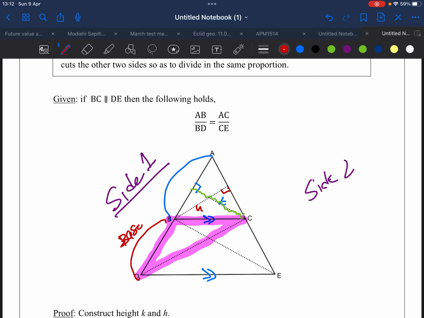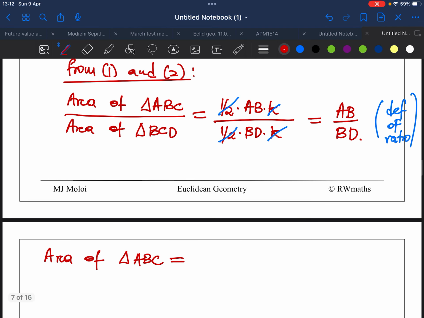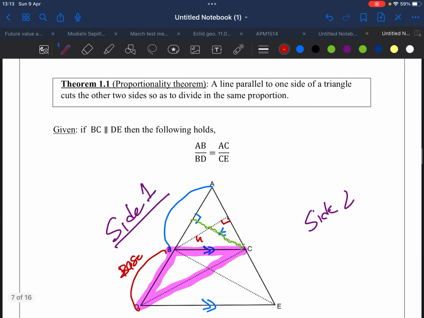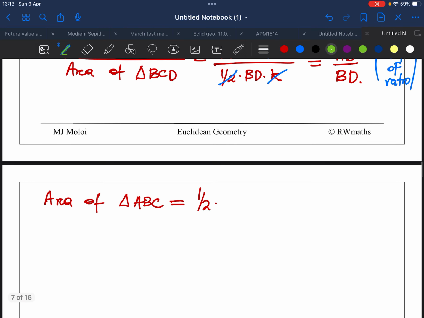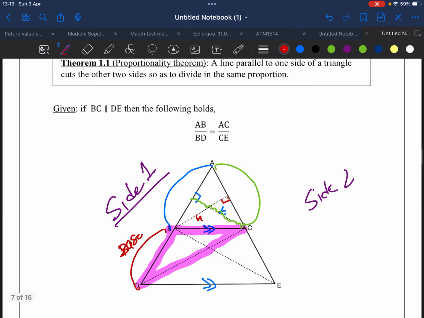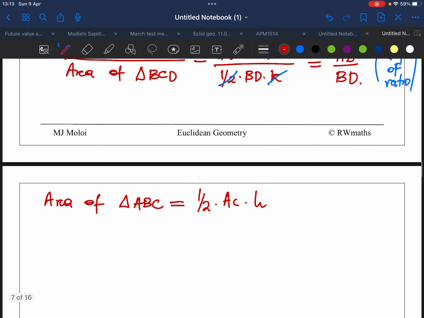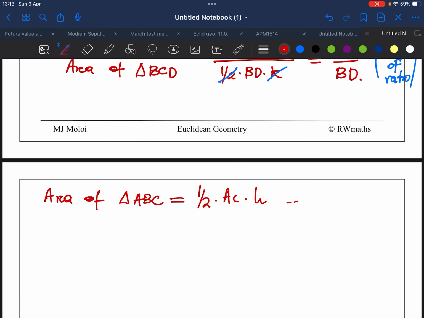So using H, our area will be half times the base AC times height H. Name this 3.